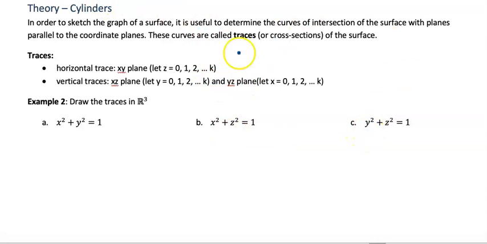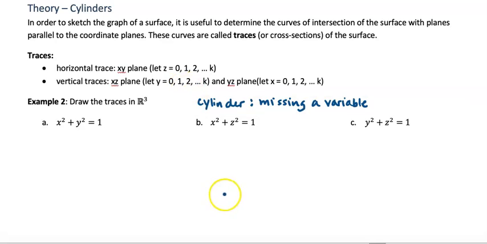So we know it's a cylinder when this is missing a variable. And whatever that missing variable is, we're just going to let that be equal to k.